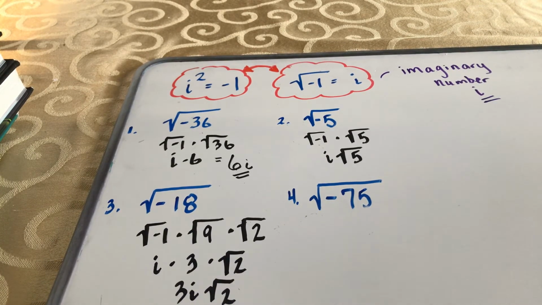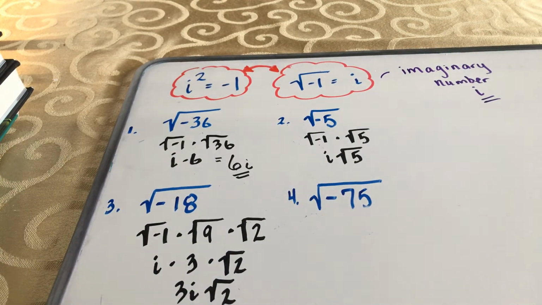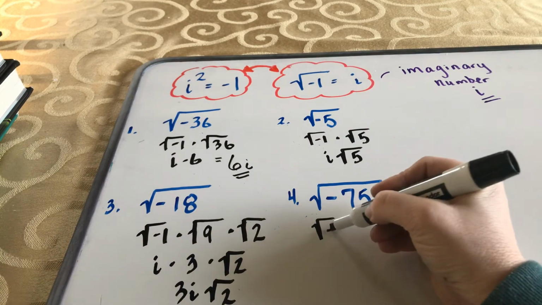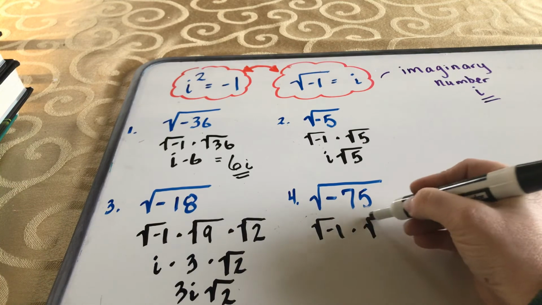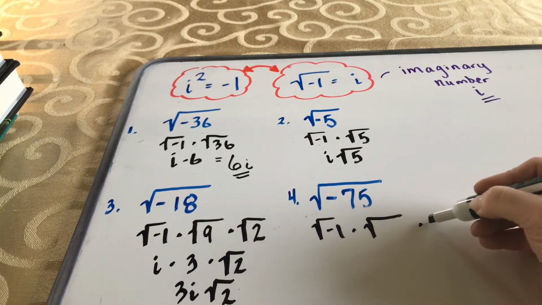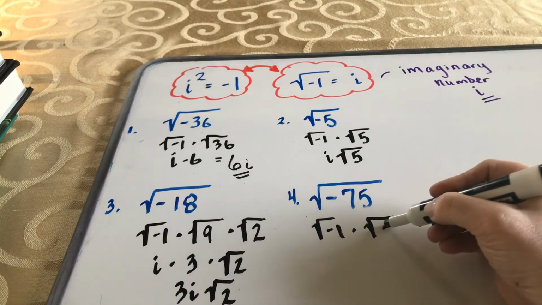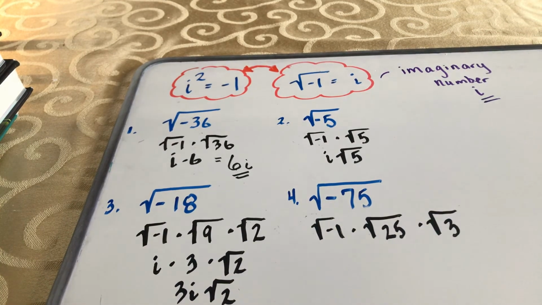All right, and last one. Think about how we can maybe break down the 75. I take my little -1. And again, there's lots of different ways that I could break down 75. You want to think of numbers that might be perfect squares. So when I think of this, I'm thinking of 25 times 3.